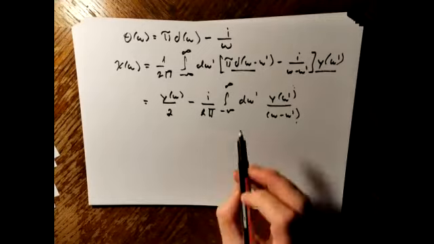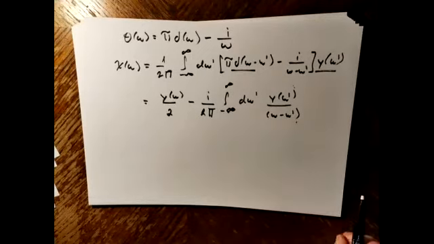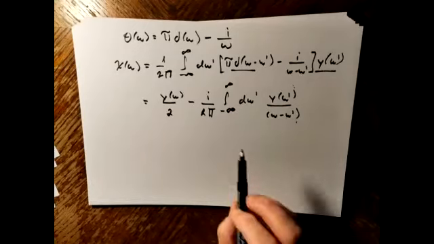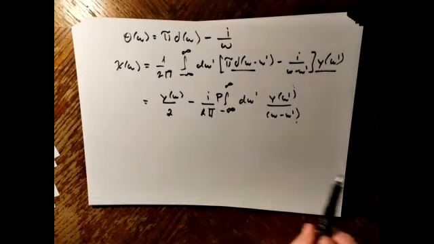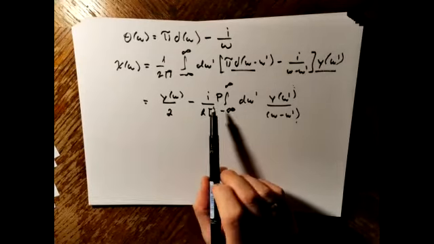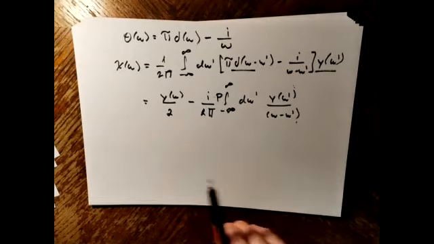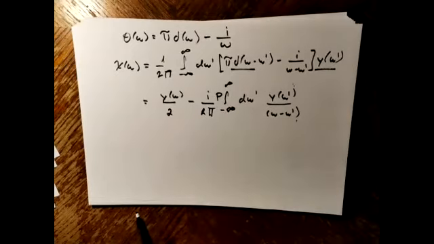But we have to be careful, because in this case there's a singularity on the real axis. That's a conditionally convergent integral, and in order to make it convergent we have to take the principal value of that integral for this to make sense.